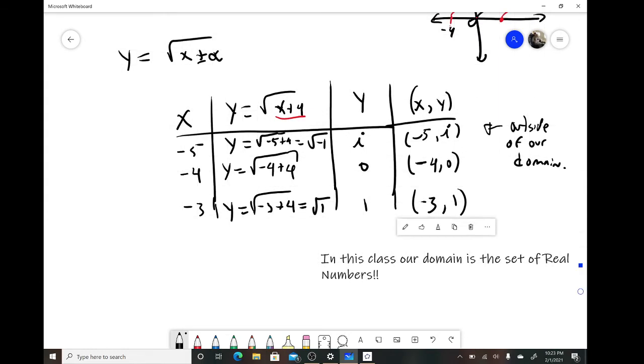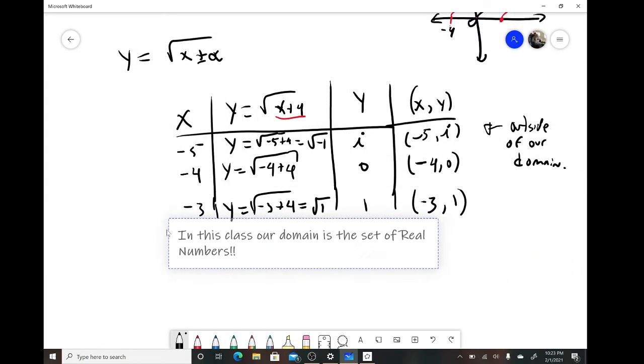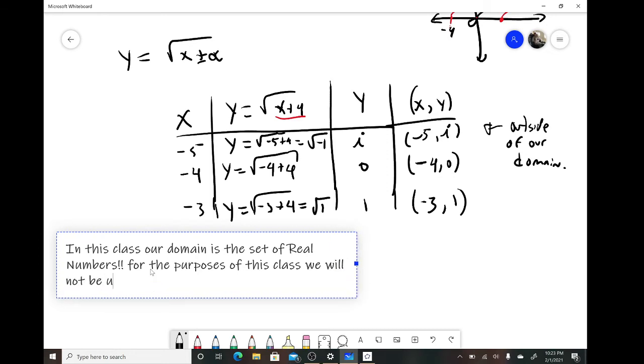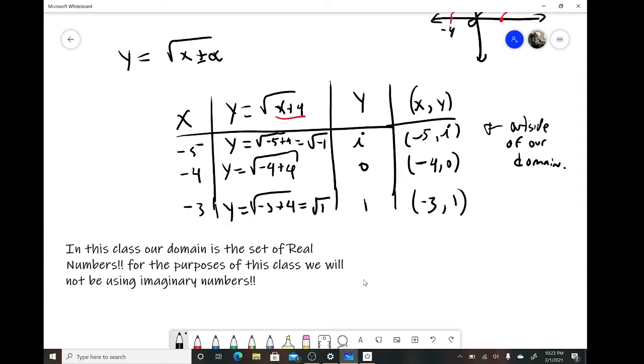So for our purposes, and this is going to crash probably, imaginary numbers don't exist in this class. I will not be using imaginary numbers. Just keep that in mind.